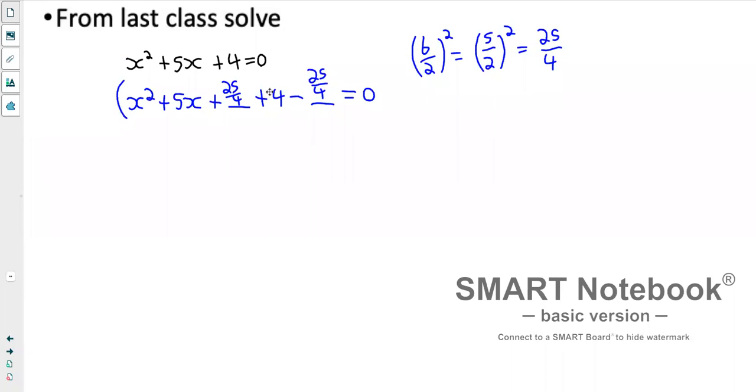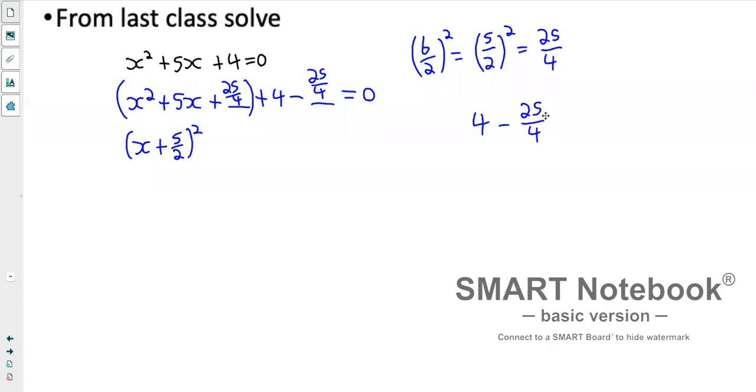Now what that has done is create a perfect square trinomial, which factoring this, we take the square root of x squared, get x. Square root of 25 over 4 is 5 over 2. We had a plus here, so it's a plus here. We then combine these like terms. I'll just do that calculation over here. So we have 4 minus 25 over 4.